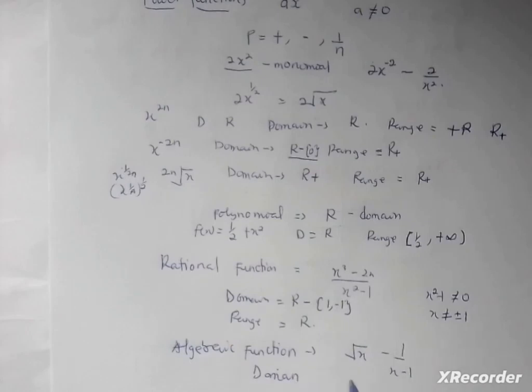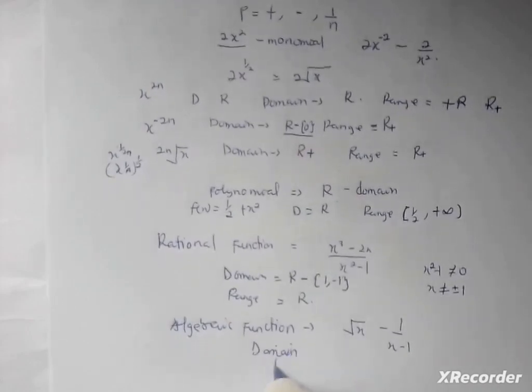So what will be the domain of this function? Considering the domain, a set of numbers that will make this defined. When I consider this part of my function, numbers which are negative will make this undefined. And when I consider the right part, 1 is going to make this undefined.